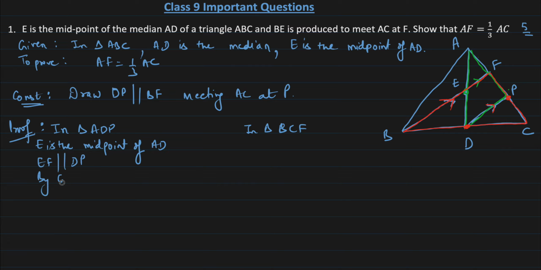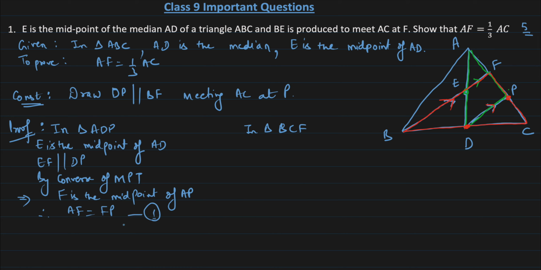So by converse of MPT, midpoint theorem, F is the midpoint of AP. Therefore AF equals FP. This is the first equation.